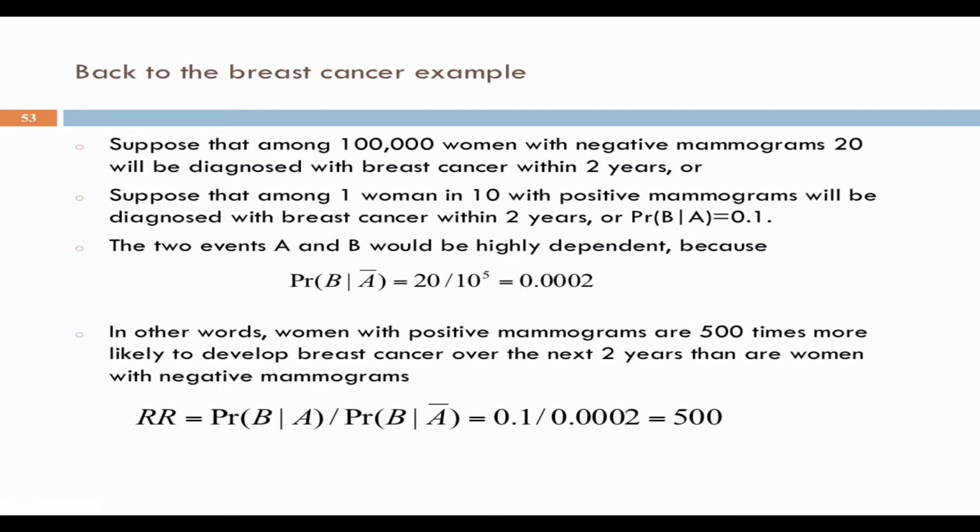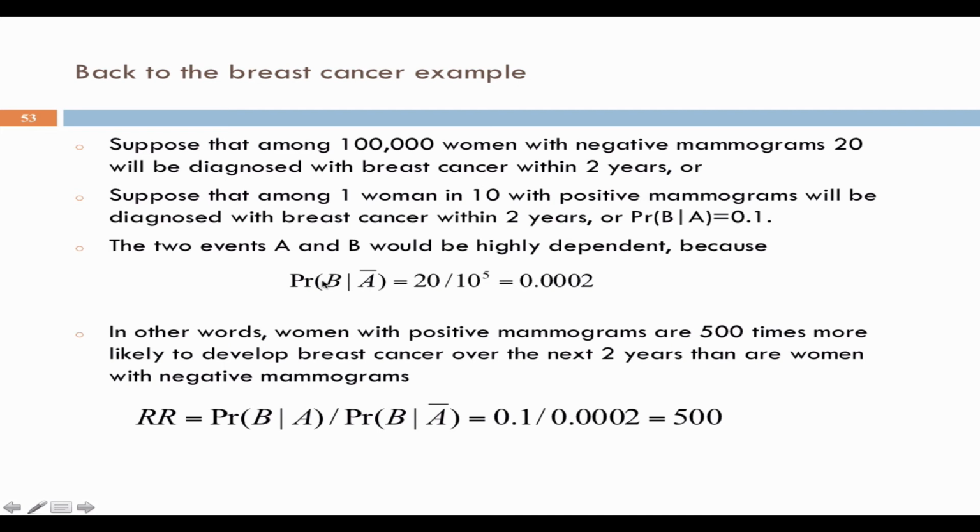So going back to our previous example, suppose among 100,000 women with a negative mammogram, 20 of those will be diagnosed with breast cancer. On the other hand, 1 woman in 10 with a positive mammogram will be diagnosed with breast cancer. So what does that mean?